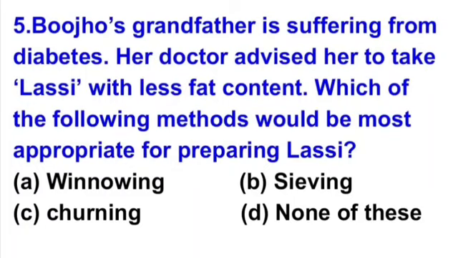Which of the following methods would be most appropriate for preparing lassi? Options are winnowing, sieving, churning, or none of these. Out of these 4 options, only one option is correct.